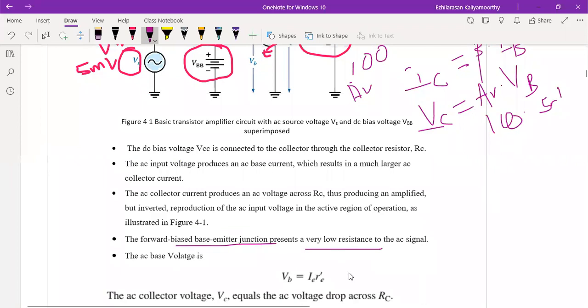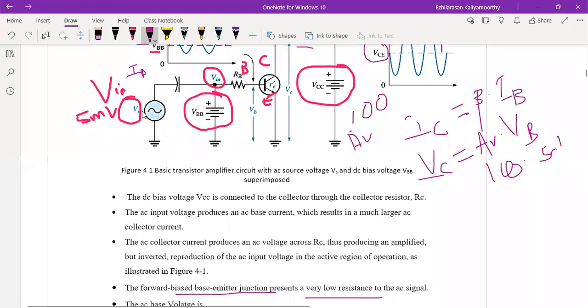The AC base voltage, how can we write it? It is VB. Because we connected a source voltage here, then the base voltage is VB. The voltage across the base and emitter, VBE, is the potential difference between the base and the emitter, VB minus VE.